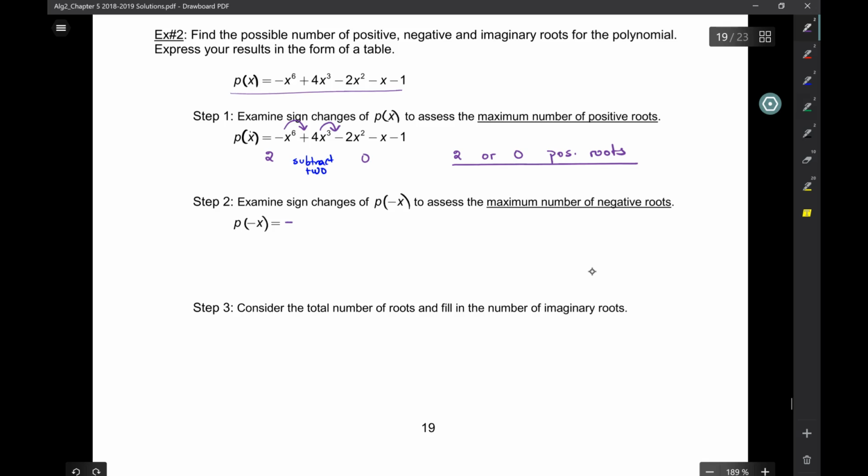So it's going to be negative x to the 6 plus 4 times negative x to the 3 minus 2 times negative x squared. Oh no. Negative x. Okay, you're not going to believe this.